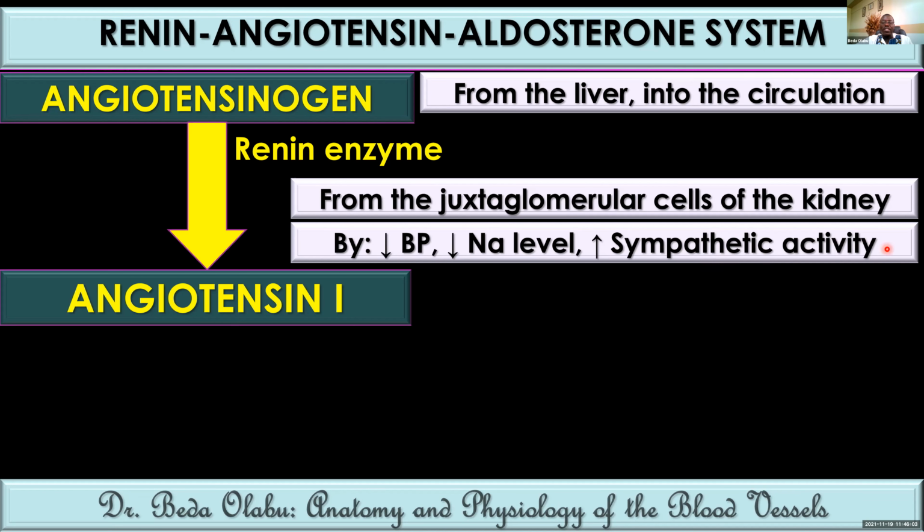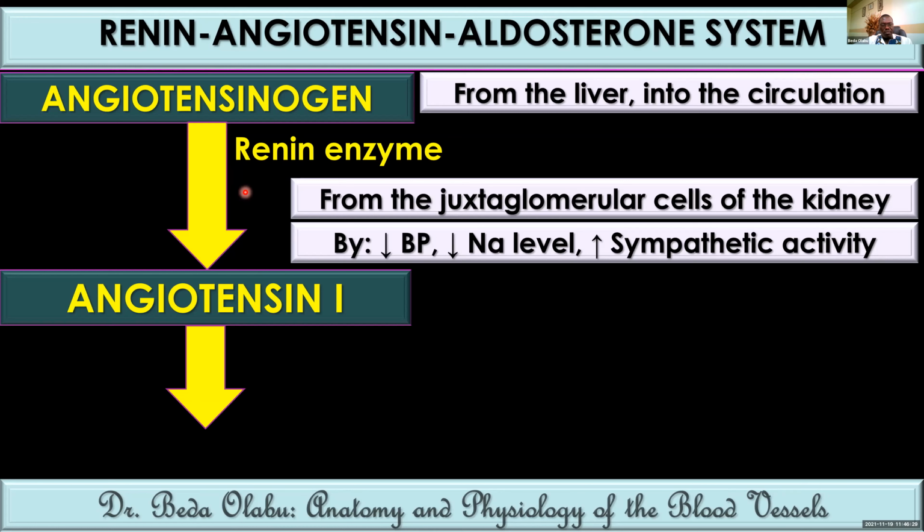I want you to know, renin is not a hormone, it's an enzyme. This renin enzyme converts angiotensinogen to angiotensin 1. That conversion occurs in the circulation. So even if renin is being produced by the kidney, it doesn't mean that that conversion occurs in the kidney.